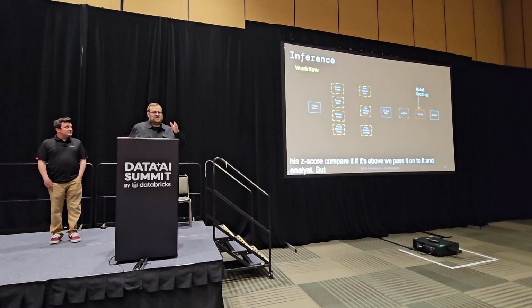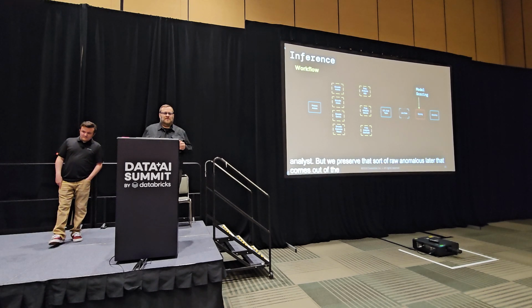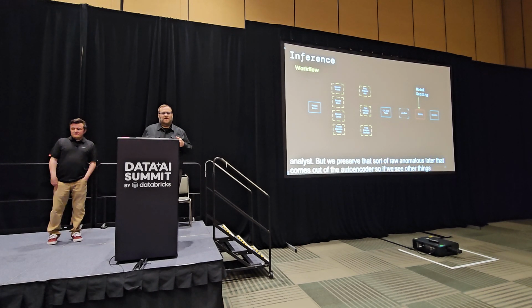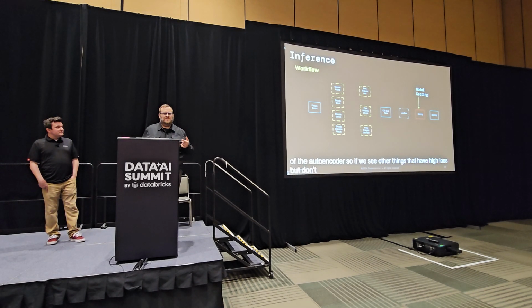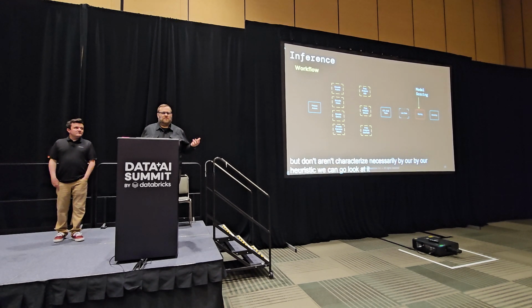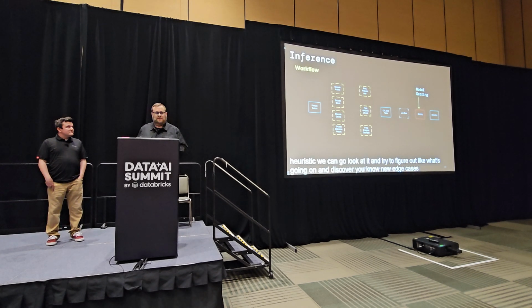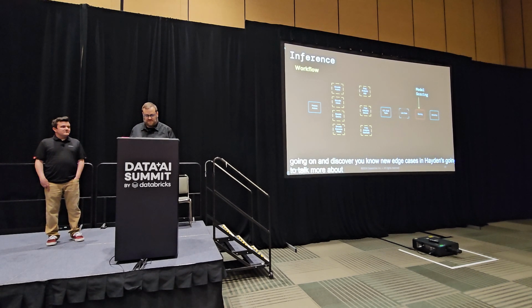But we preserve that raw anomalous layer that comes out of the autoencoder. So if we see other things that have high loss that aren't necessarily characterized by our heuristic, we can go look at them, try to figure out what's going on, and discover new edge cases. And Hayden's going to talk more about that now.